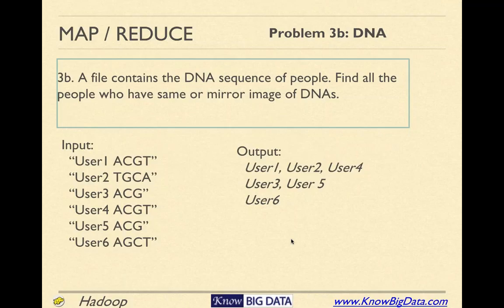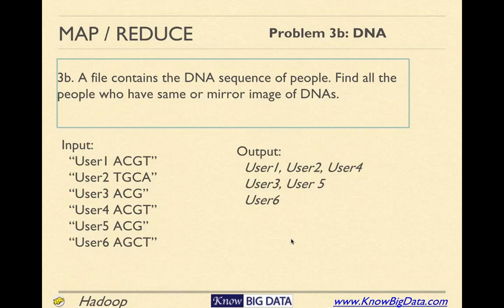If they have the same key, Hadoop will automatically bring them together. Here we have to keep a key which will be the same for all the users having this particular property.